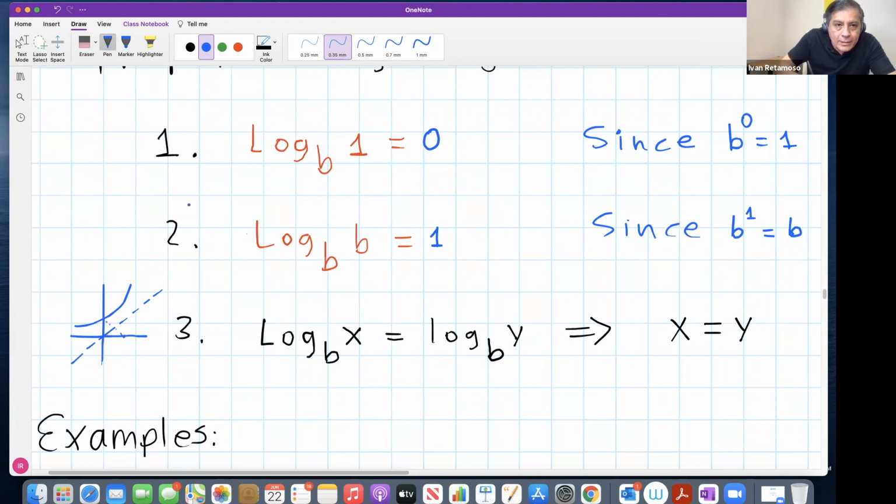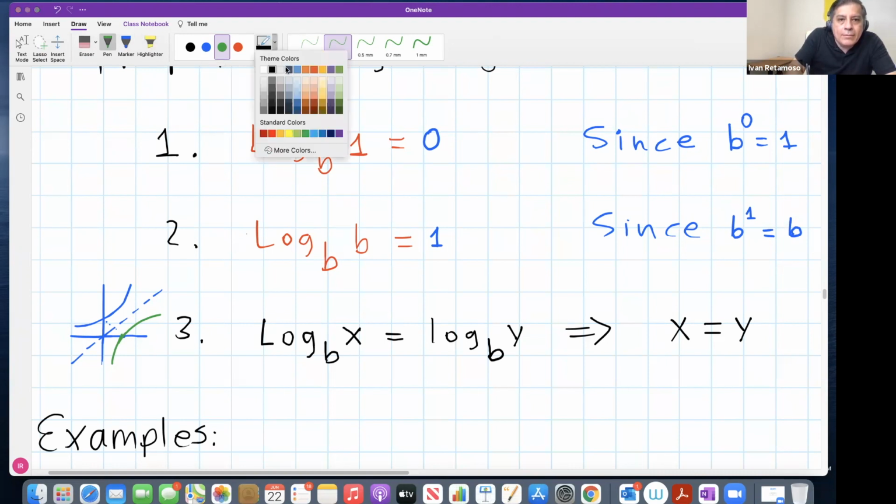We will see this in details later, but for now, let me just do this, right? Mirror image. So when you apply the horizontal line test to this mirror image of this exponential function, of course, this will pass the horizontal line test, right? This graph. So because of that, logarithmic functions are one-to-one.